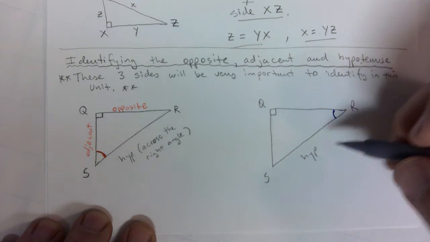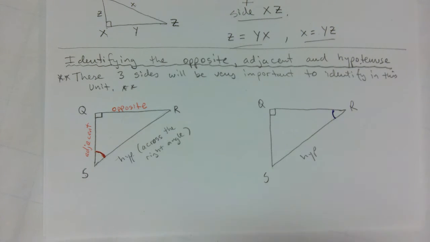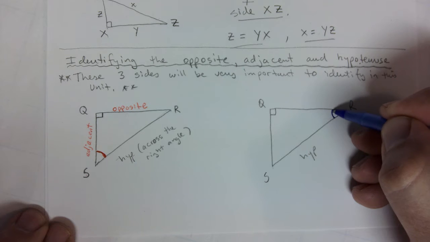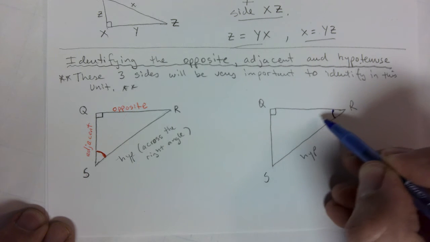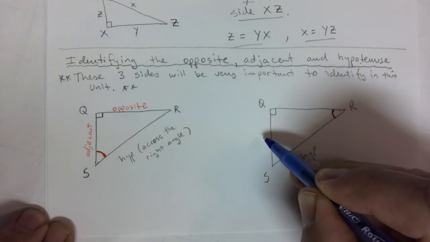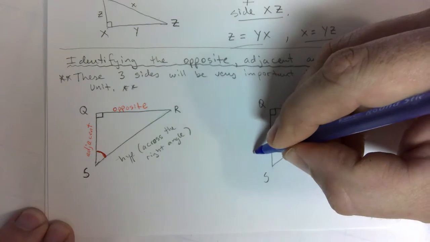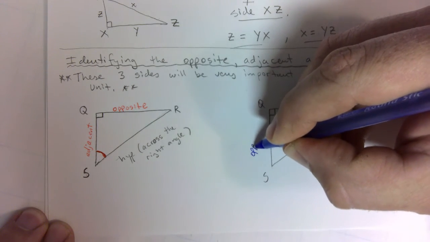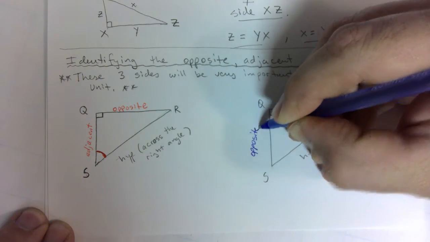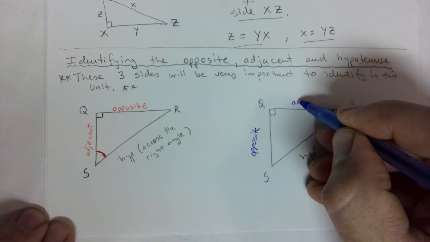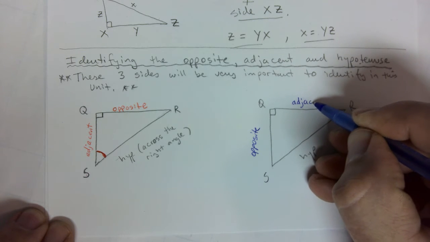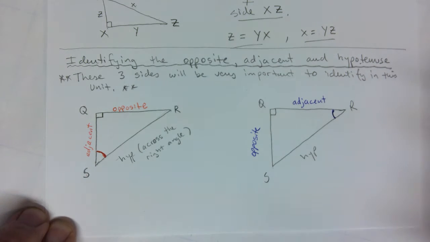Okay? And now that this is our reference angle, the side that is across from the reference angle is called the opposite side. So we'll put down opposite here, and we'll put down adjacent here. Okay.